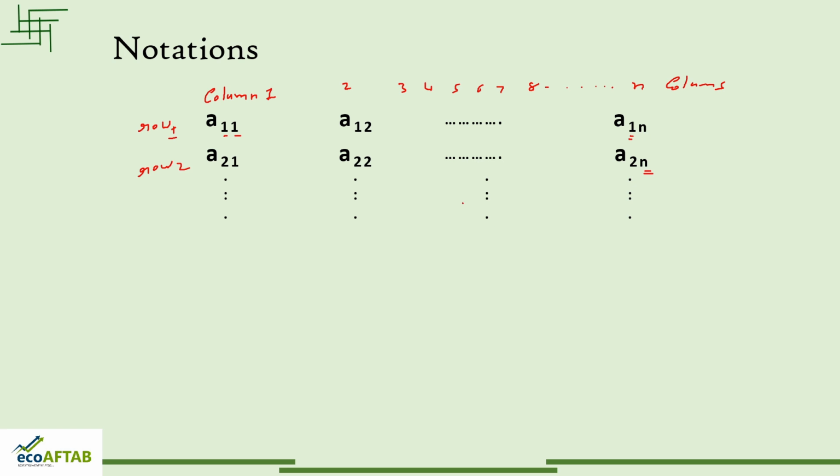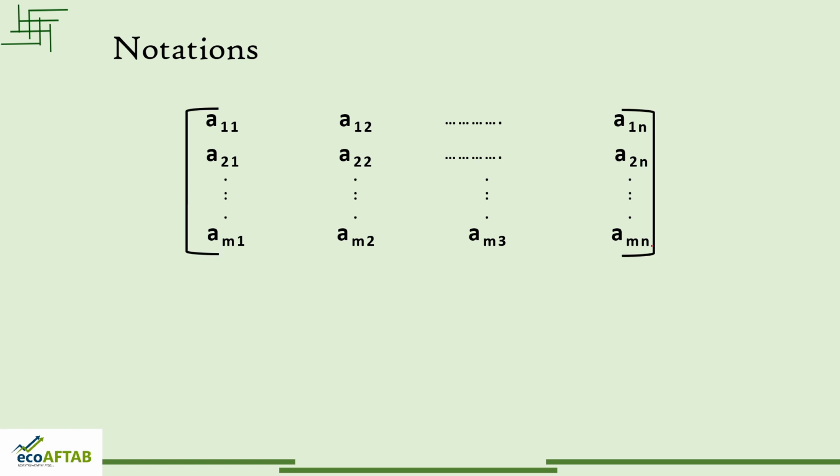Then you can see the rows go on and on, up till m rows. So with this m and this n, the last element is where we have m rows and n columns. If you put this in a bracket, we get the notation for a matrix.